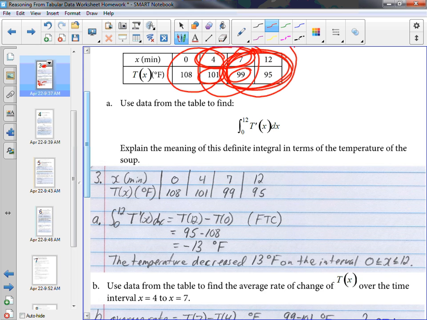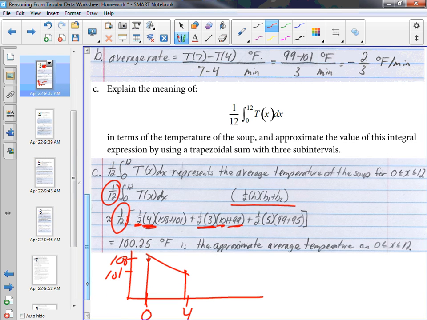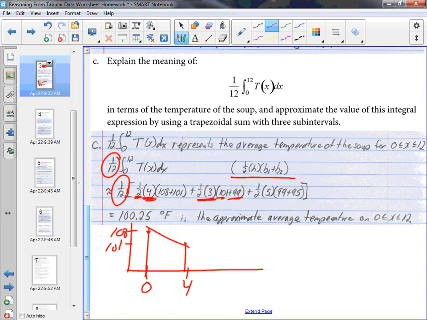One base is 99. One base is 95. So that approximates the average temperature for those 12 seconds, minutes, hours, days, minutes. Does that help?